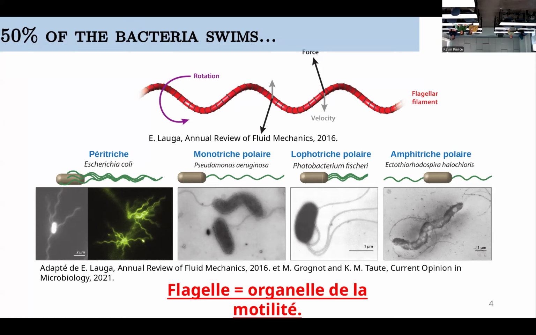The nanomotors can make the flagella rotate. For E. coli, for example, when all the motors rotate in the same direction, you create a bundle of flagella, and you will see the motion of the bacteria. That's on the next slide.